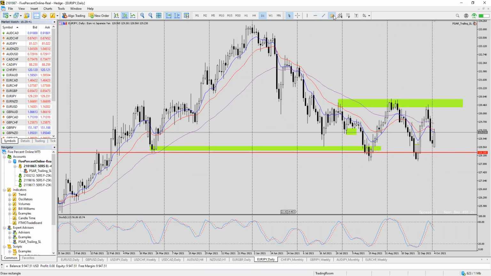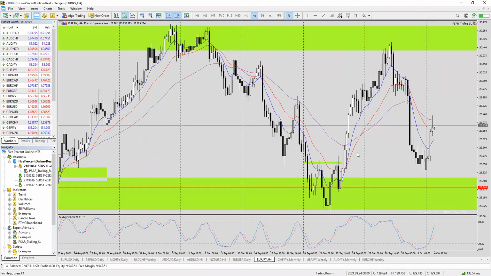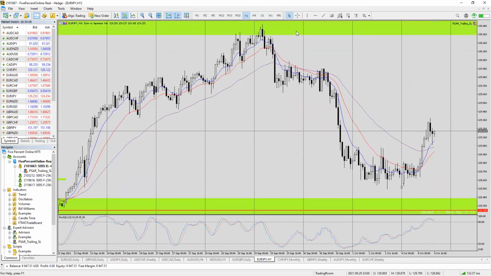If it closes below this demand zone, then we could expect it to go lower. So these are the areas where you want to see the decision of the pair. Until then, you can always take shorter time frames.